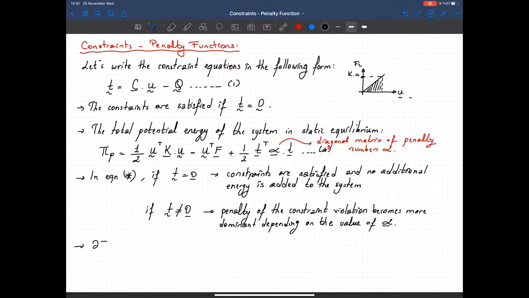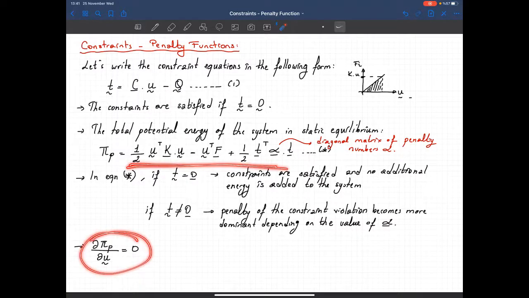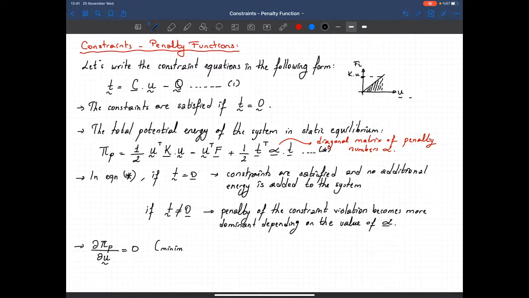So that's the condition. I want to have this to be minimum. This is the minimum energy condition.